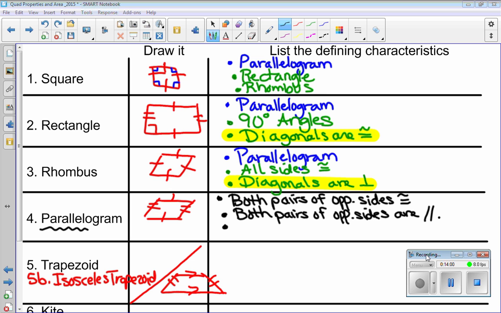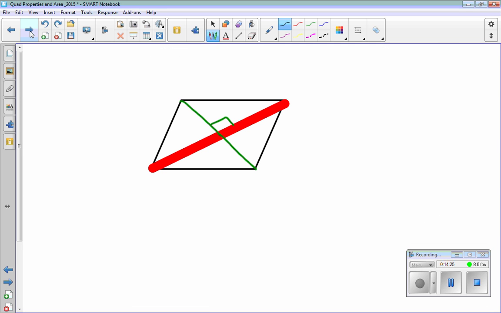Okay, I think we have enough room for a couple more. The diagonals do 2 things. They're not perpendicular unless it's a rhombus or a square, because a square is a rhombus too, right? So they're not always perpendicular, but they do something. So maybe I should draw an example. Okay, so let's go back to this guy.